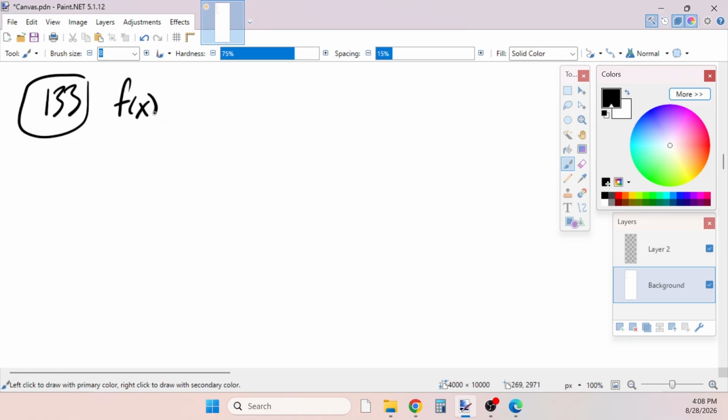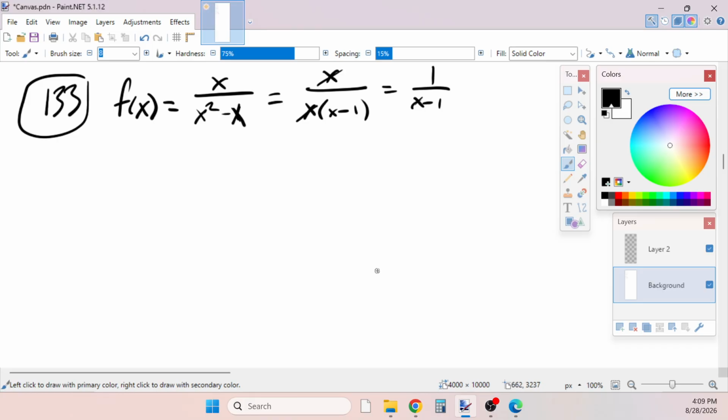We have a function, and I want to figure out if there are any discontinuities of this function. Well, I notice if I factor it, I get this. And then I can cancel that, get this. Now this function here has an asymptote at x equals 1.